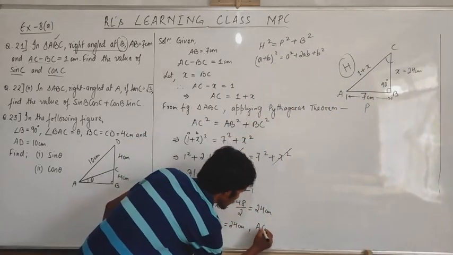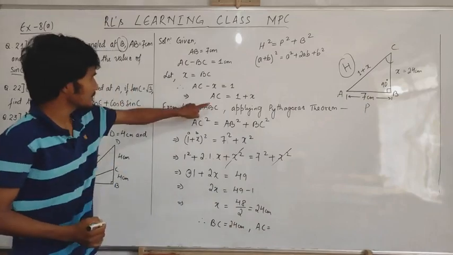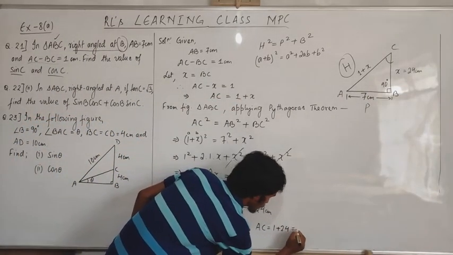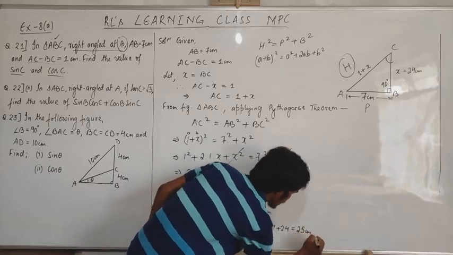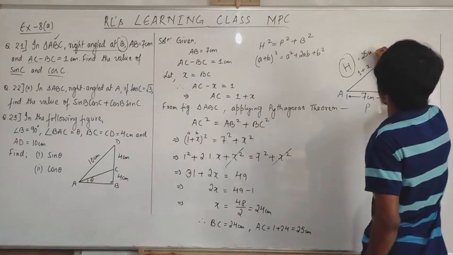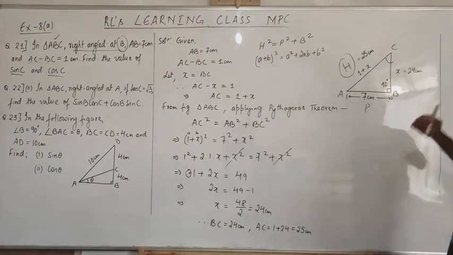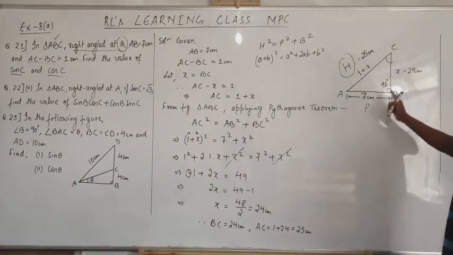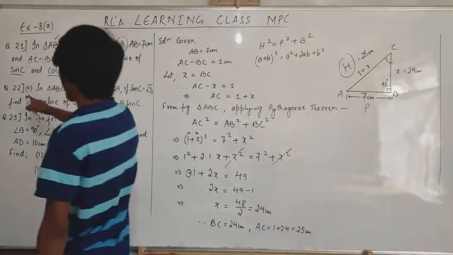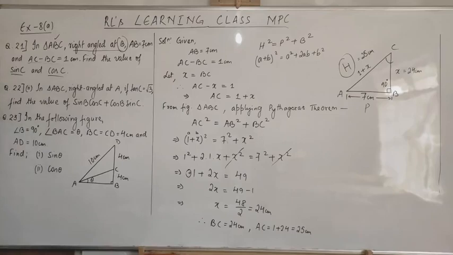And AC is 1 plus x, then 1 plus 24 becomes 25 centimeter. And here also we got how much? 25 centimeter. Now we got all the values. Perpendicular also we have, base also we have, hypotenuse also we have. Now what do we need to find? We need to find sin C and cos C.